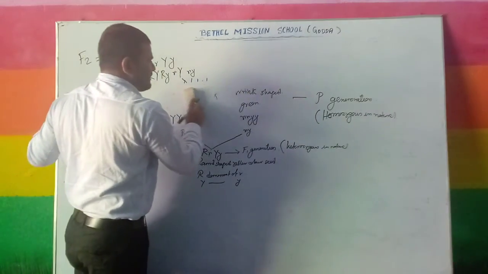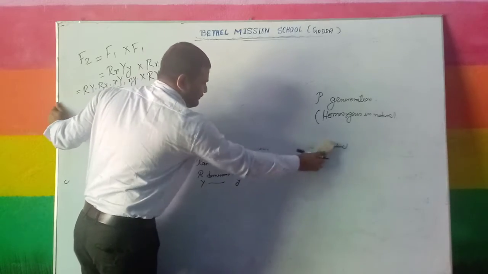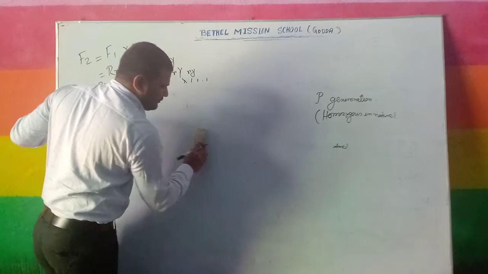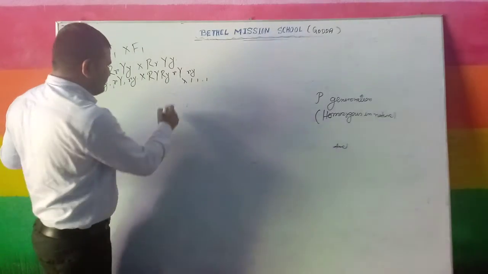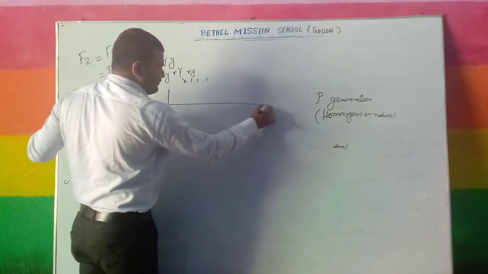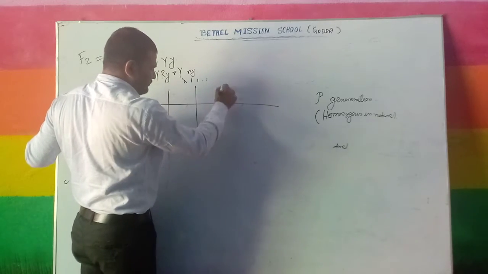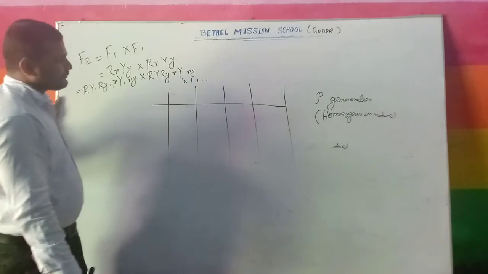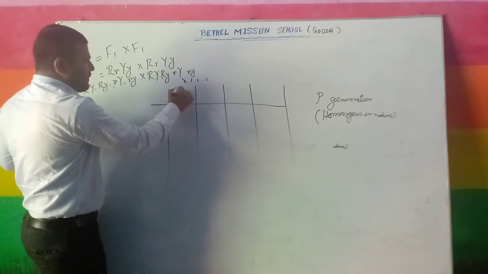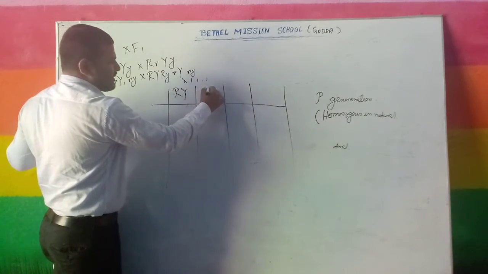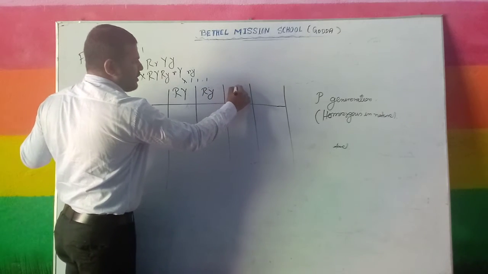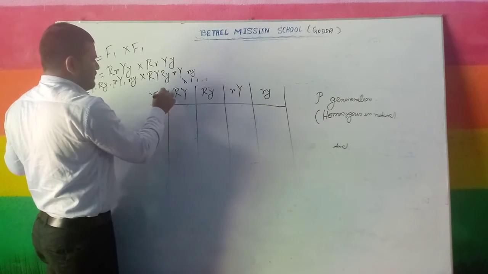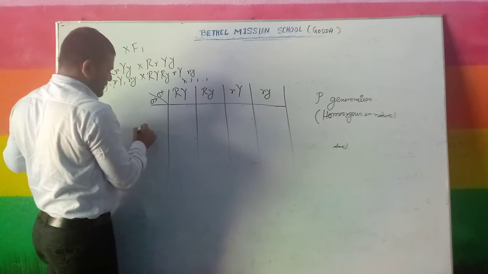Now, draw the checkerboard. Capital R, capital Y, capital R, small y, small r, capital Y, small r, small y. Female gamete, male gamete.